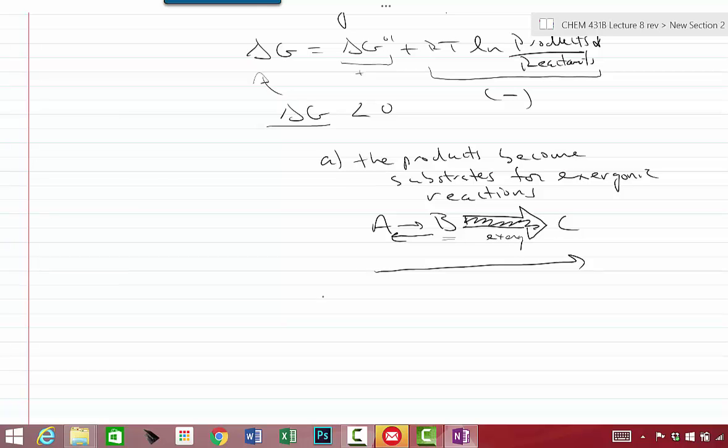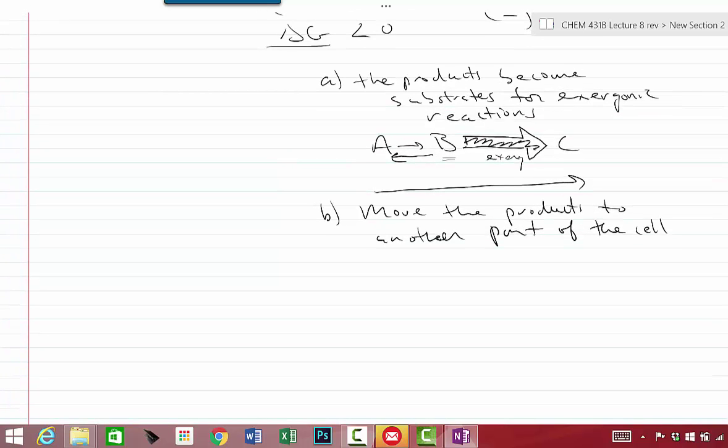What's another way in which we can lower the product concentration? Another way is to move the products to another part of the cell, or in the body. So for example, here we have A, and again this is going to be going to B, but we'll say this is a very endergonic reaction.